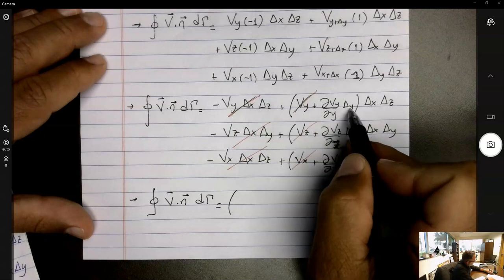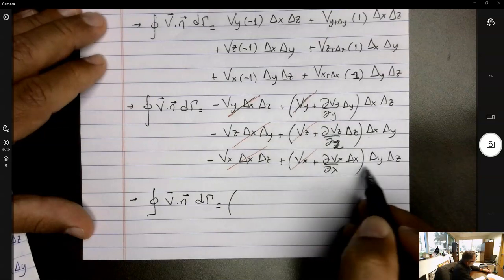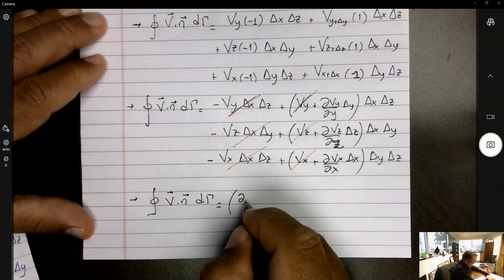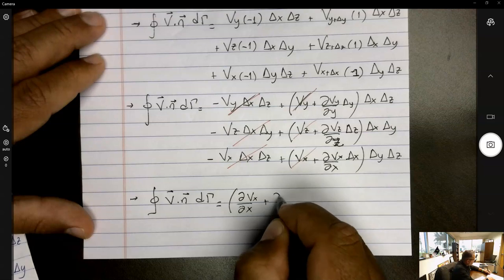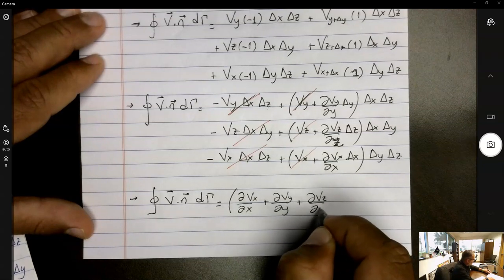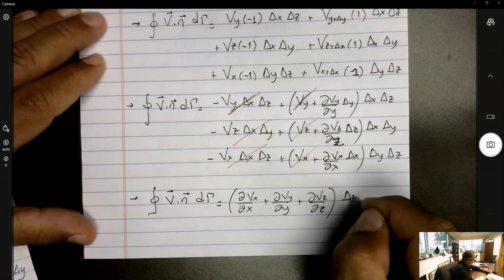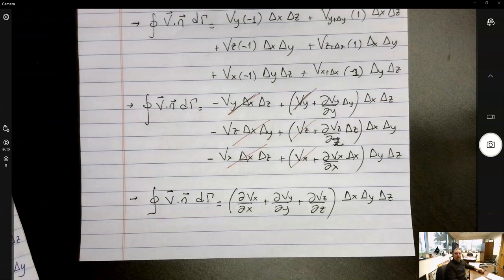so notice that everything now multiplies delta x, delta y, delta z in different orders, but we can take that as a common factor. And I'm going to rearrange this as dVx/dx plus dVy/dy plus dVz/dz, times delta x delta y delta z. Okay, so we figured out what that integral looks like, at least on this particular parallelepiped.